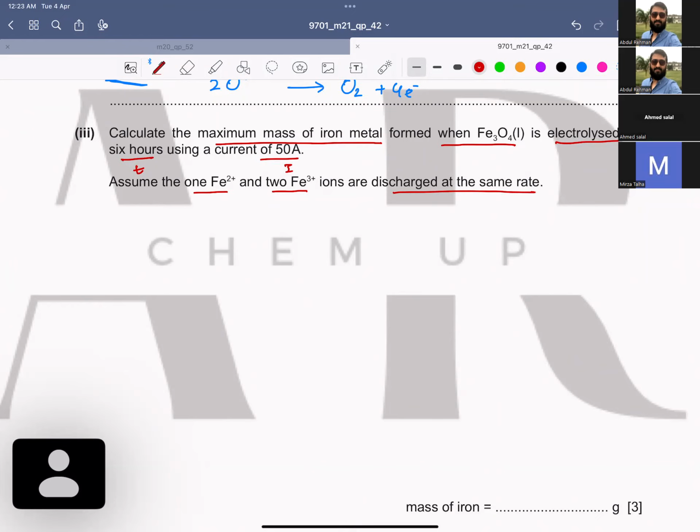This is the hint provided by the examiner, that in this compound you have iron in two oxidation states, and one Fe2+ ion is discharging at a rate, and at the same rate, two Fe3+ ions are also discharging and forming iron metal.